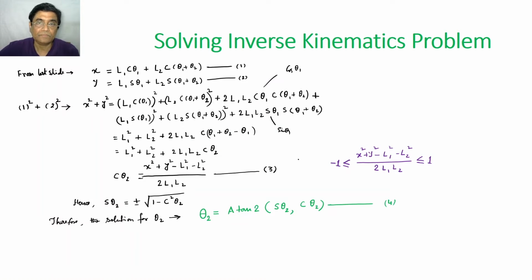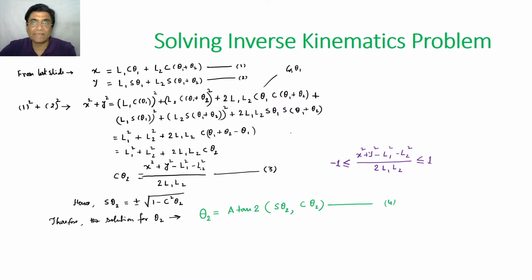So very simple, you got it, and after simplification you get x squared plus y squared equals this. So you see, in the process you directly get theta 2: cos theta 2 equals x square plus y square minus L1 square minus L2 square divided by twice L1 L2.